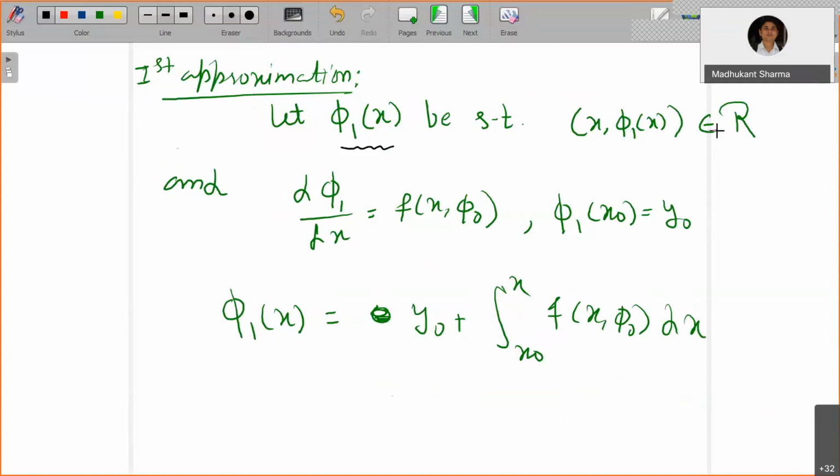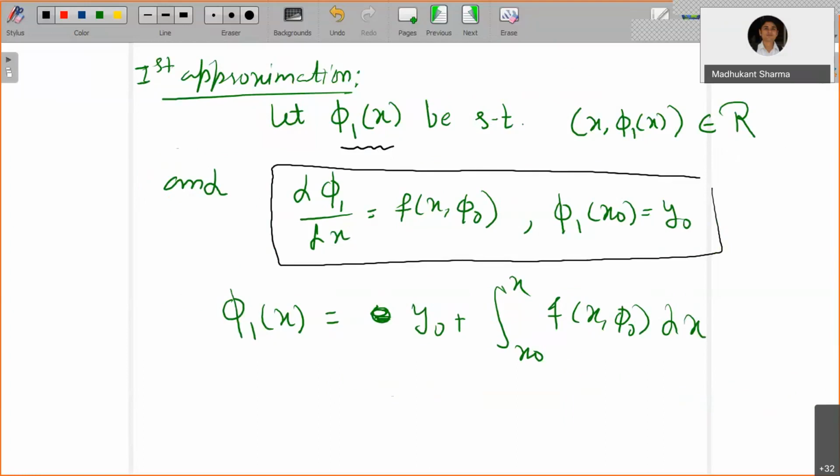So far it is mod x minus x naught less than or equal to a and mod y minus y naught less than or equal to b. These a and b values can be decided later as well. This phi1 should satisfy this differential equation, which has the equivalent form as an integral equation, and these two are equivalent. So phi1 of x can be obtained by this integral equation.